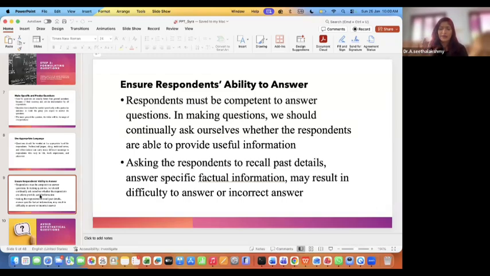If you make the respondent recall the very distant past, or the exact date and time, it will be very difficult for them. So make sure the respondent is able to answer easily.